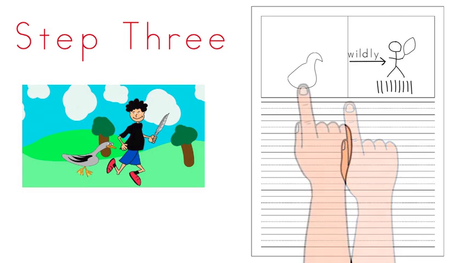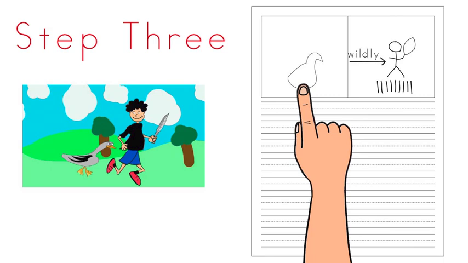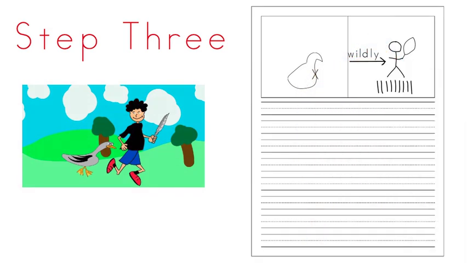The goose. Goose is important because that is who the sentence is mostly about. Who is driving the action? Put an X by the goose. Wildly chase the boy around the field because he plucked its feather.